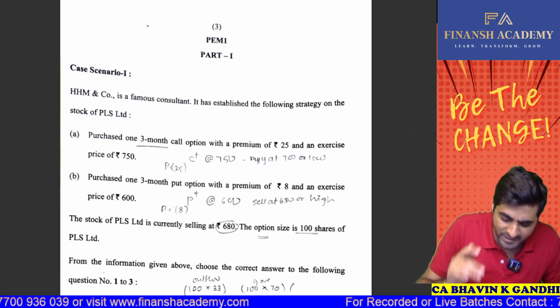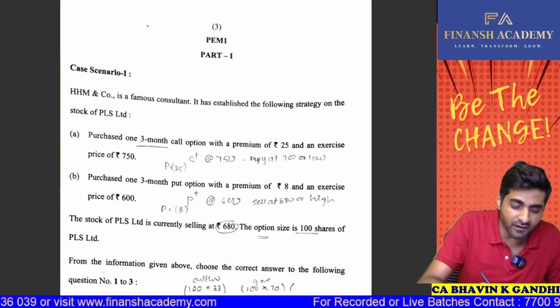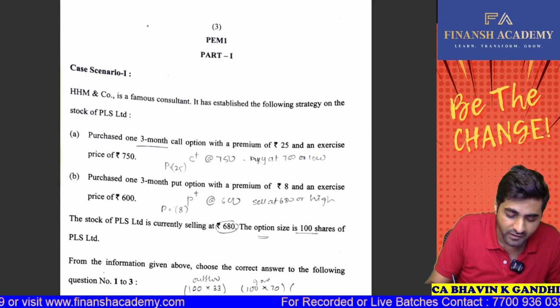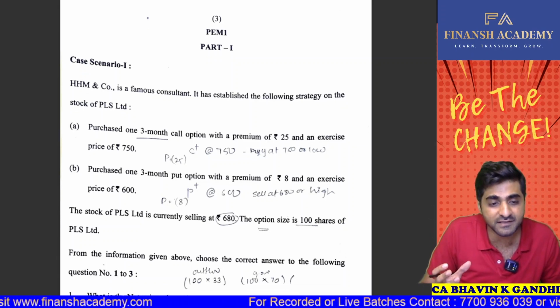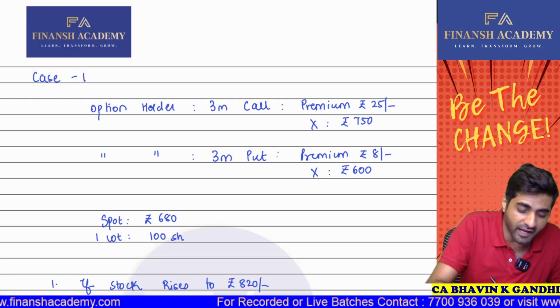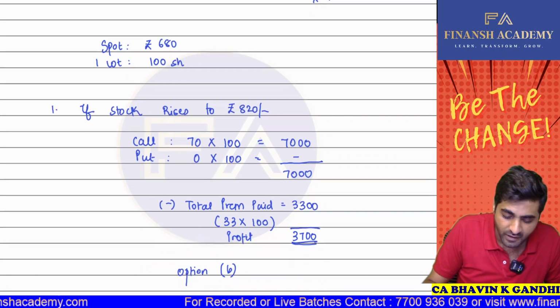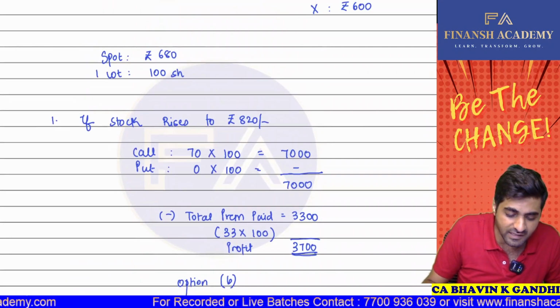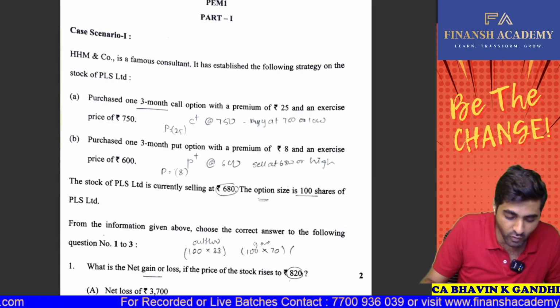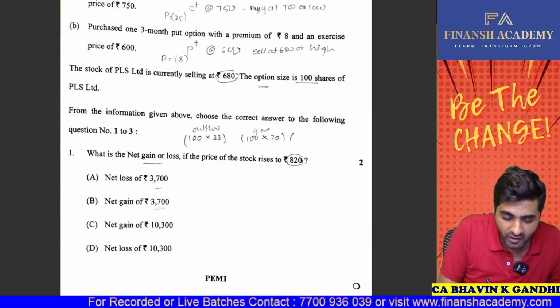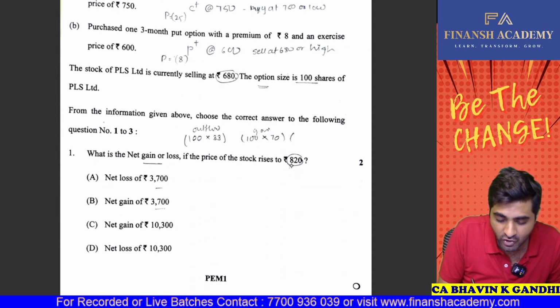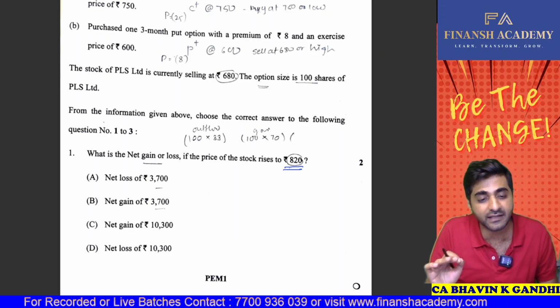So first of all, without wasting any further time, in case scenario 1, which was pertaining to derivatives, I have done the solution. The first question was: what is the net gain or loss if the stock price rises to 820?